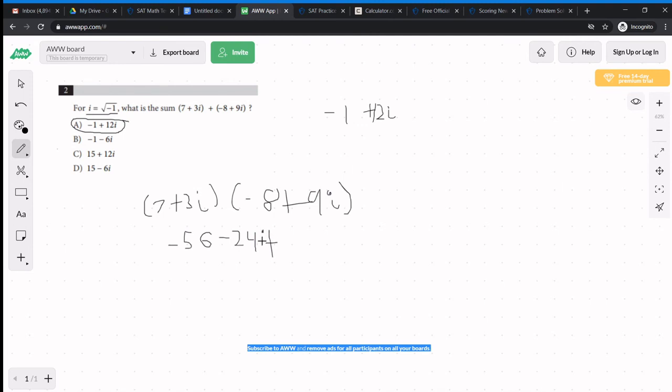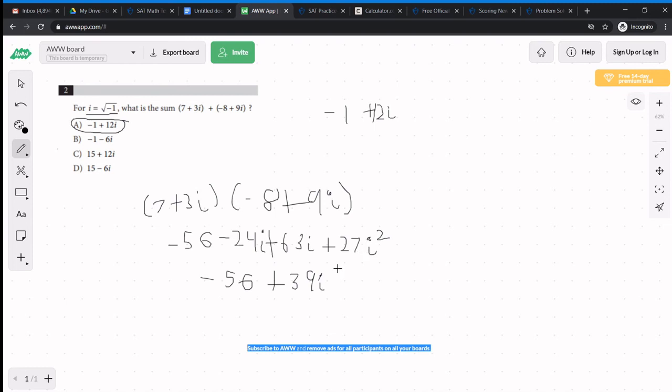Oh, forgot to write the i there. Plus 27i squared. Now we just keep the -56. 63 minus 24 is going to be 39i.